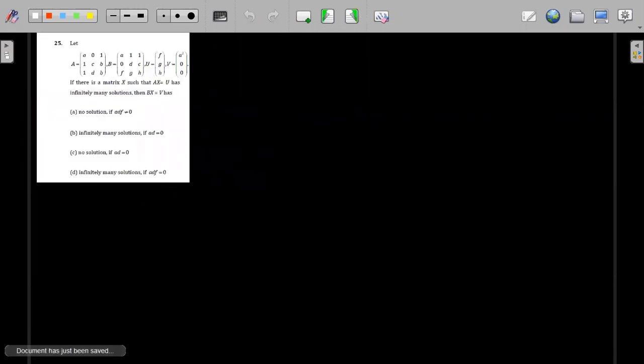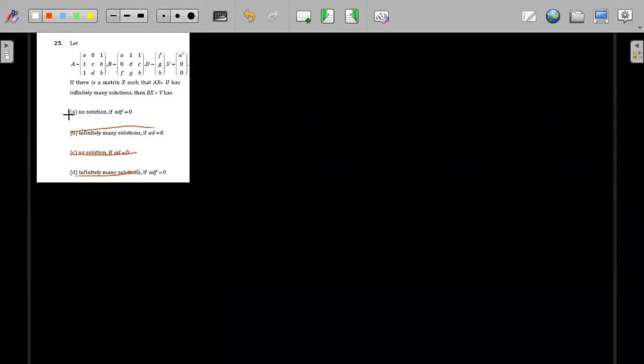Okay, so next, the 25th. They have given A11. I think there was some mistake in the question. I was checking it, because the original question did not have this part. So the actual question was, I will write it and then I want you to solve.